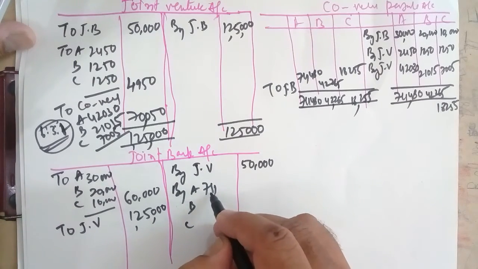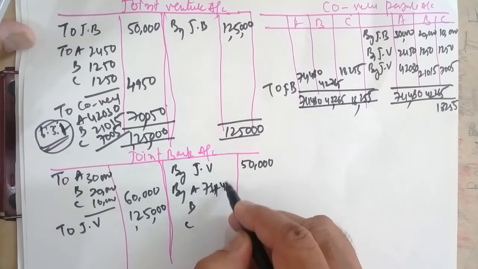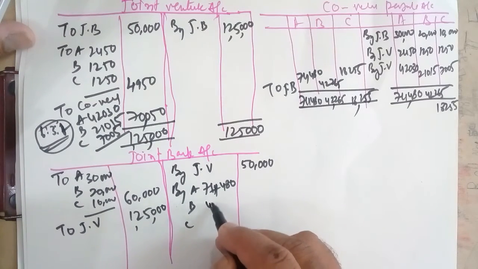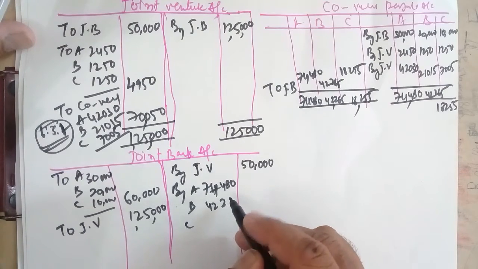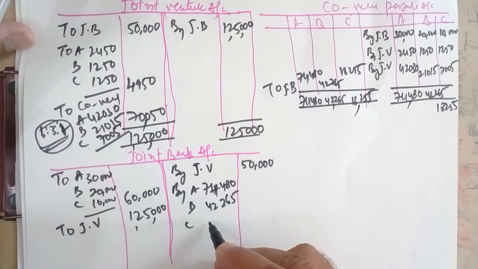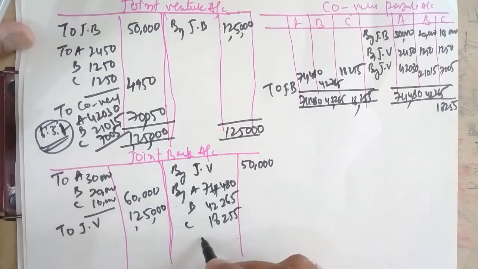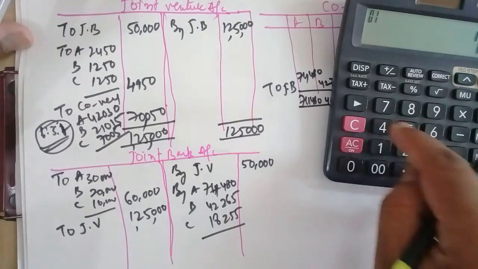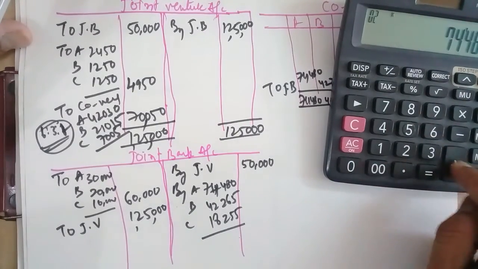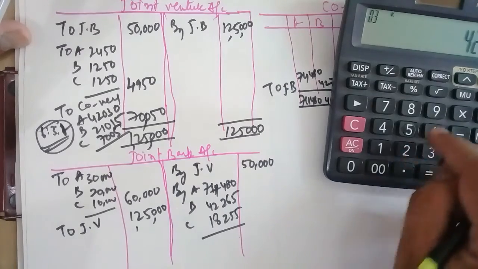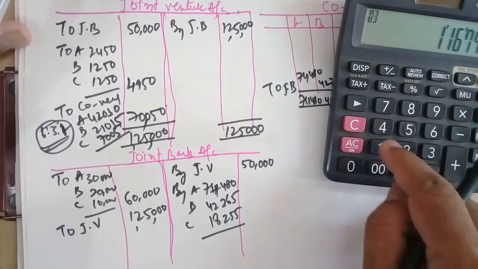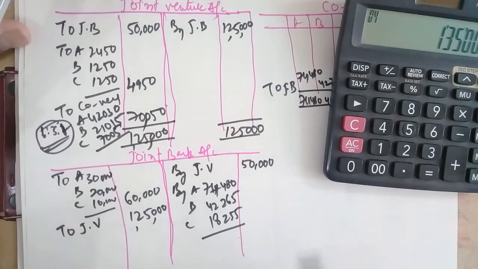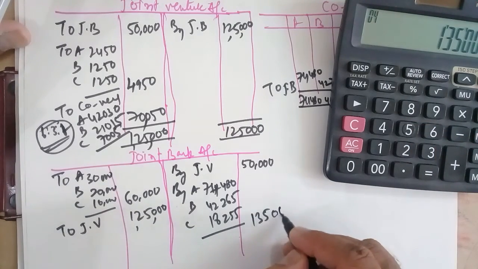So 74,480, then 42,265, then 18,255. We will make the summation: 74,480 plus 42,265 plus 18,255, so we are getting the total.